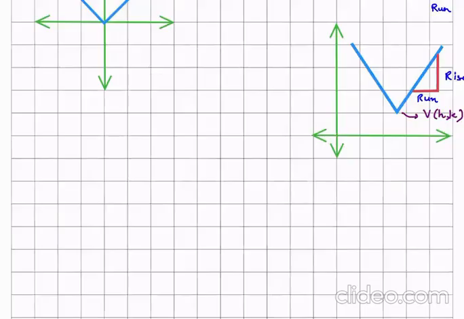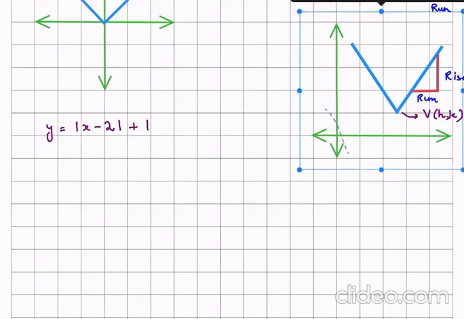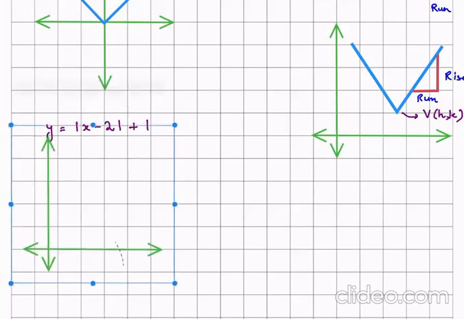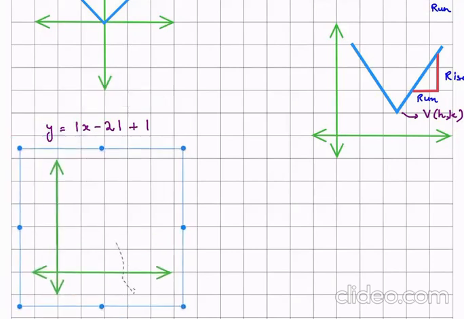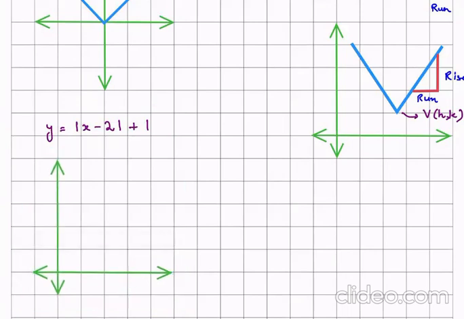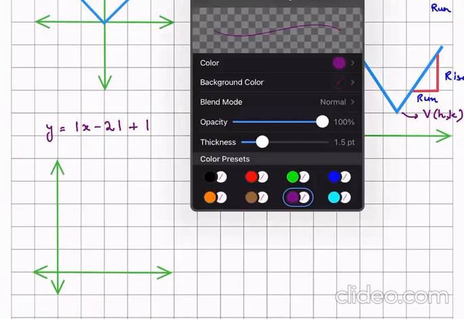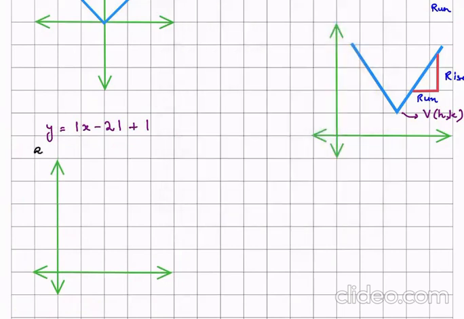Okay, let's say we have to draw y equals modulus of x minus 2 plus 1. So now let's say we will draw the x-axis and the y-axis. So what is the gradient? a is 1 here.